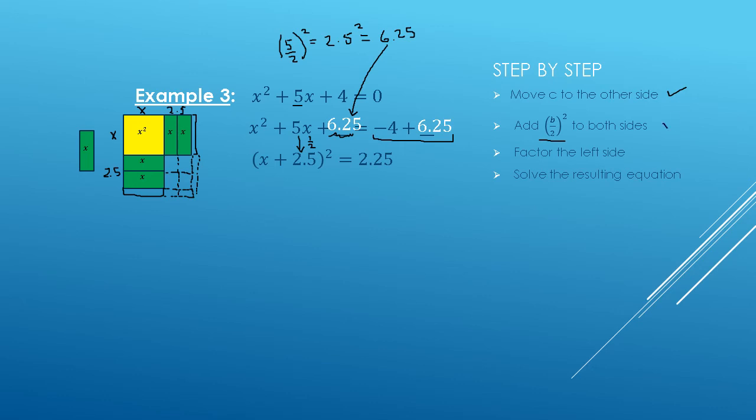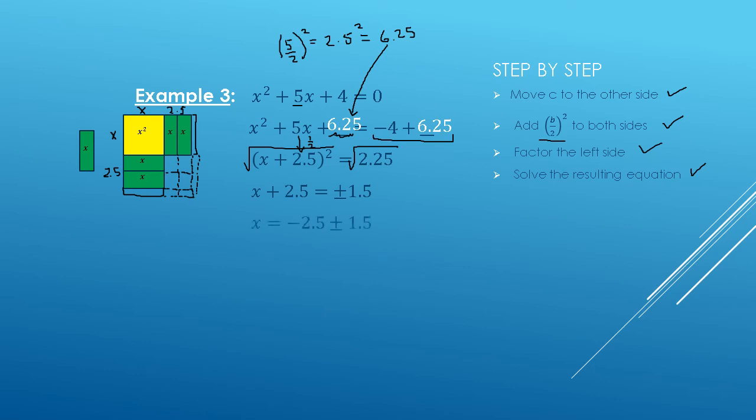So now that we've added the right number to both sides and we've factored, we're ready to solve. So square root both sides to cancel the square. So you get x plus 2.5 equals, don't forget your plus or minus, and use your calculator to square root 2.25. You get 1.5.